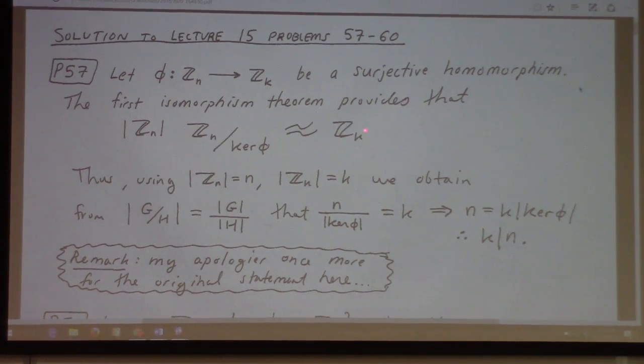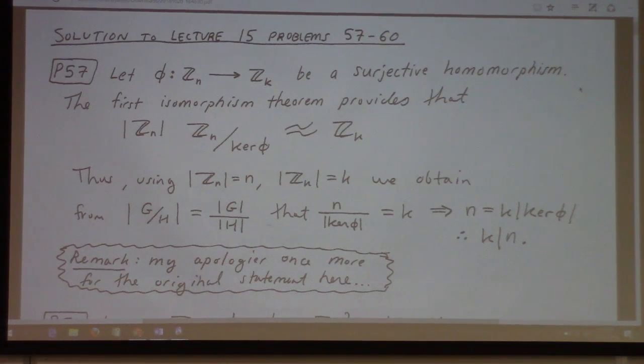So if it's surjective, that's the image. The order of Zn is n, the order of Zk is k, and the order of the quotient is the order of the group divided by the order of the subgroup. So what do we got? n over the order of kernel phi is equal to k, which is to say n is equal to k times the order of kernel phi, which is to say k divides n.